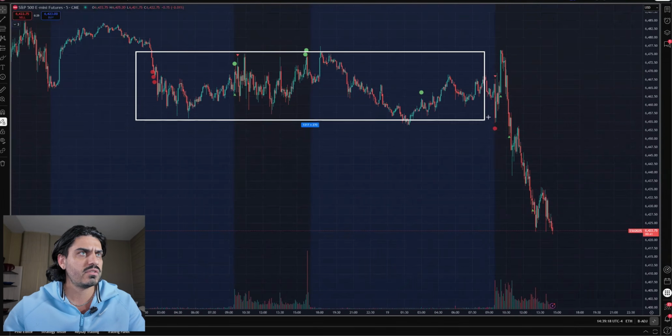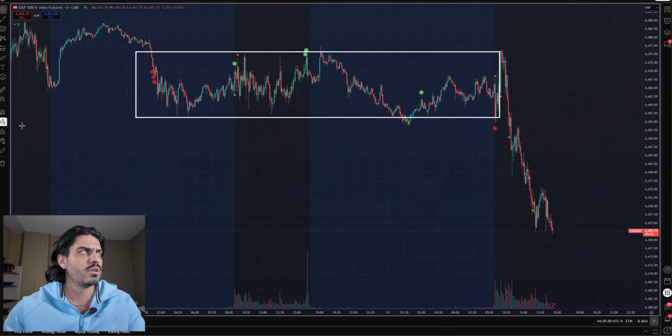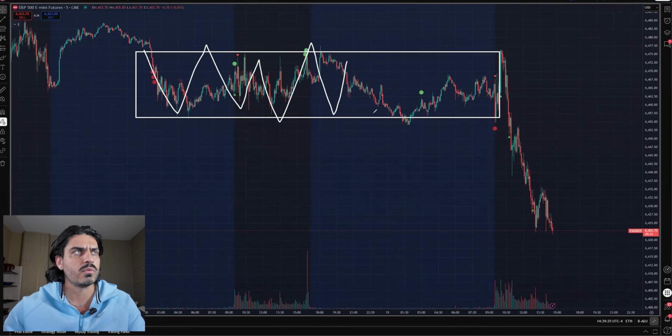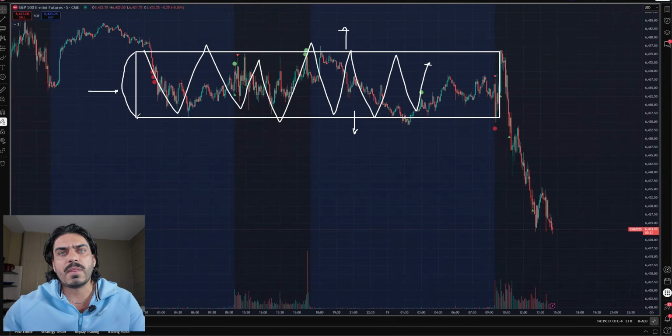We have this general larger range that shaped up over the past several days. We have equal highs, equal lows, equal highs, equal lows. The easiest way to understand that a range actually breaks is that this stops happening and you get an expansion outside of it.